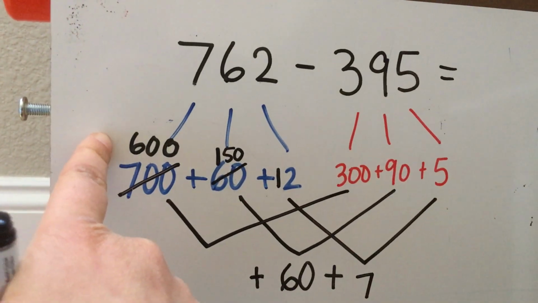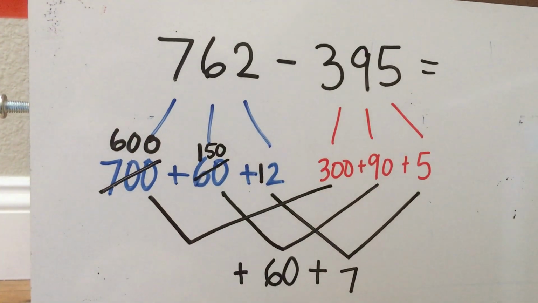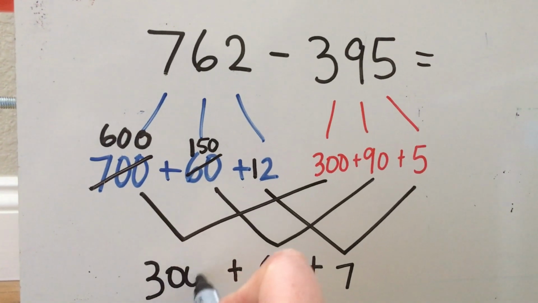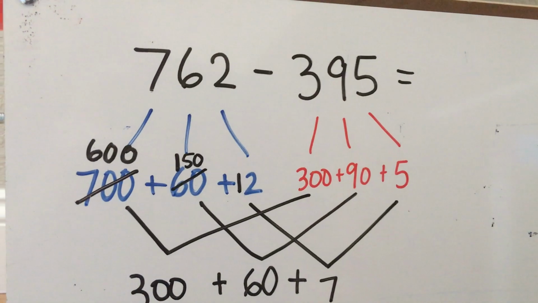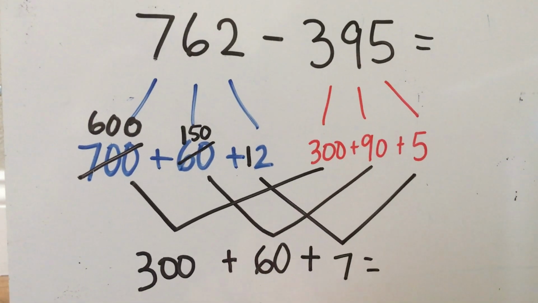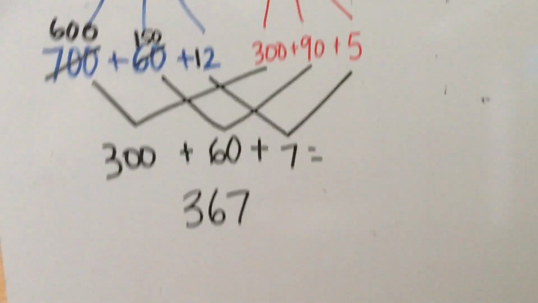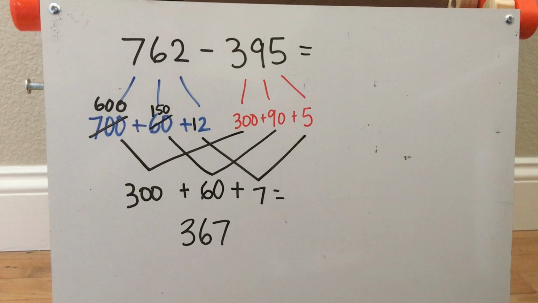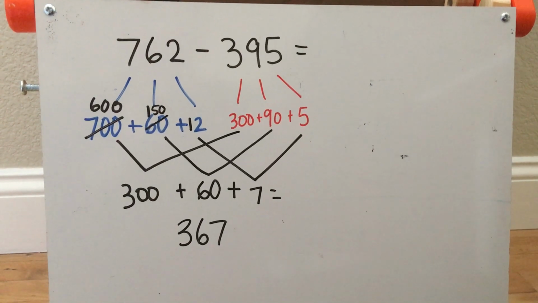So if I have 600, can I take away 300? Yes, 600 take away 300 is 300. Okay, now all together, 300 plus 60 plus 7 is equal to 367.